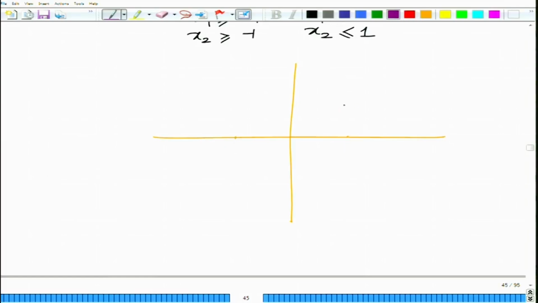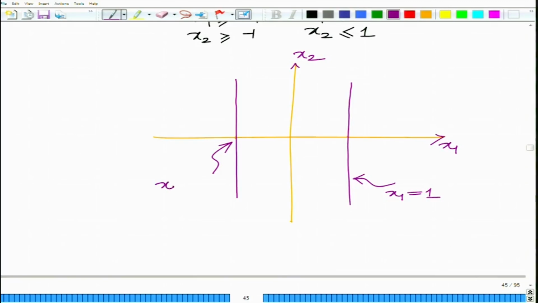So this is your x1, this is your x2, and this is x1 equals -1 and x1 equals 1. This region is the strip where x1 is greater than or equal to -1 and less than or equal to 1. And if you look at x2, this is the hyperplane for x2 equals -1, and this is the hyperplane for x2 equals 1.